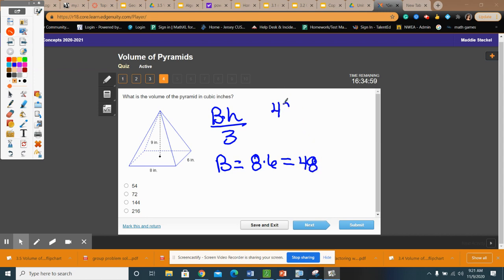So 48 times the height, which is right here as 9, divide by 3 will be the volume. They didn't even put units on this one. That was kind of stupid. They could have put units on all those. 48 times 9, divide by 3. I'm getting 144, and since we're better than Edgenuity, we're going to say inches cubed.